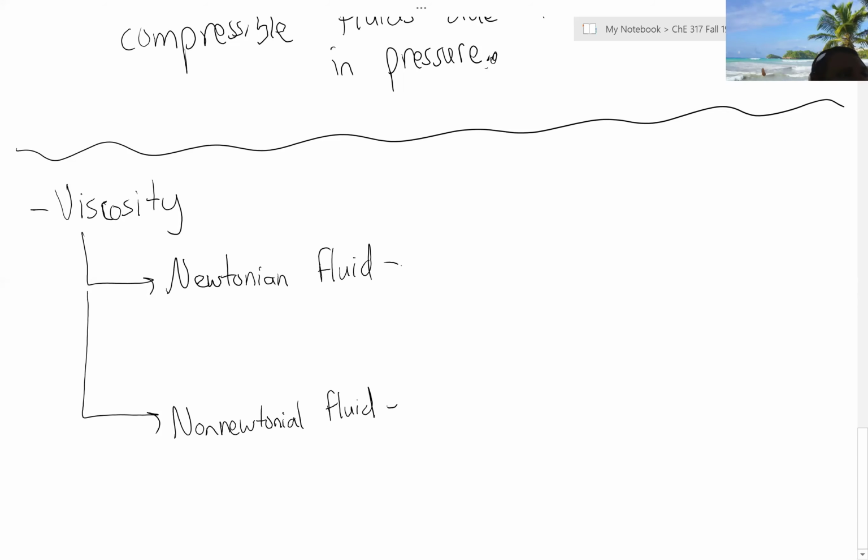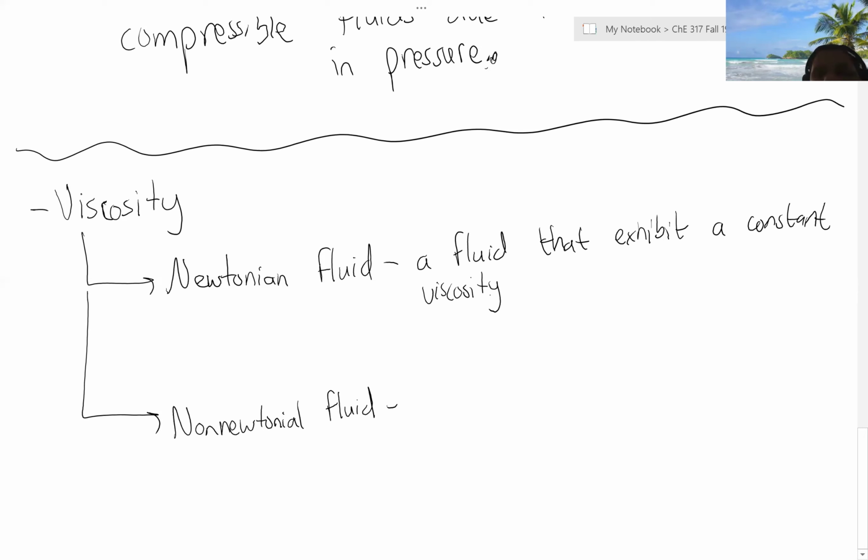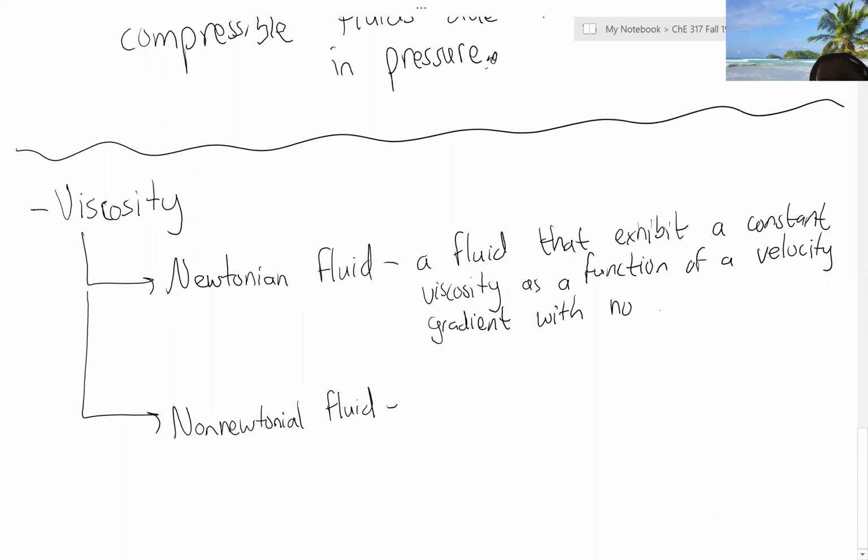Where a Newtonian fluid would be a fluid that would exhibit a constant viscosity as a function of a velocity gradient with no presence of elasticity.